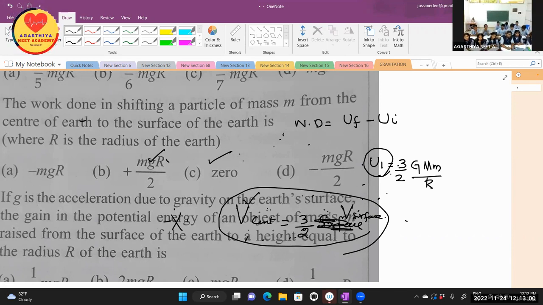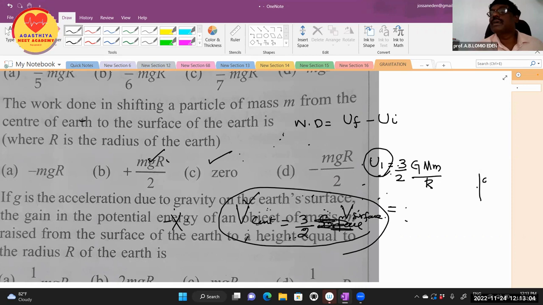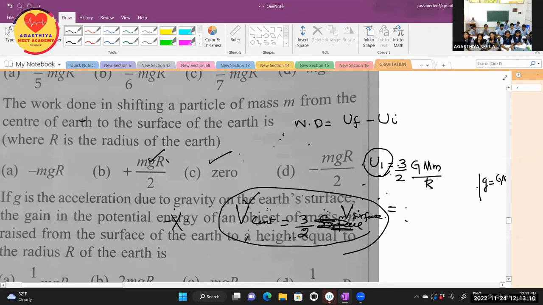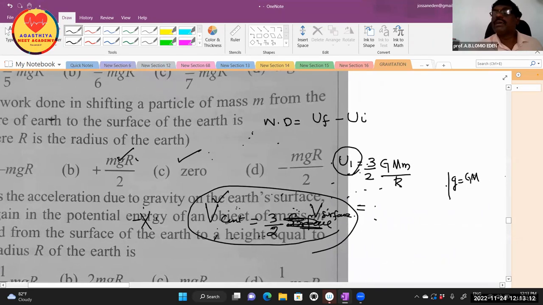Now, this can be expressed in terms of small g, acceleration due to gravity. What is the formula? Yes, very good.